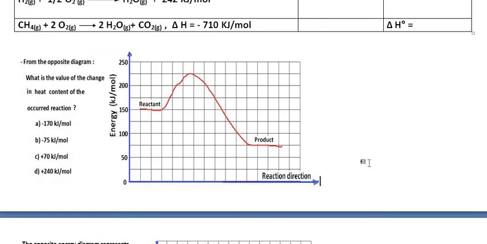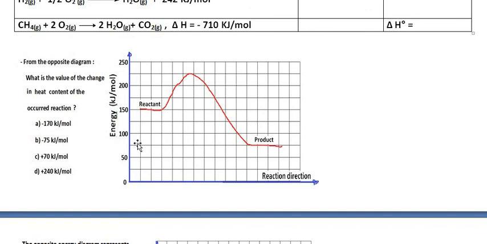This paragraph is for an exothermic reaction. Why? Because the sum of the heat contents of the reactants is greater than the sum of the heat contents of the products. So when you subtract the sum of the heat contents of the reactants from the sum of the heat contents of the products, it gives a negative value.